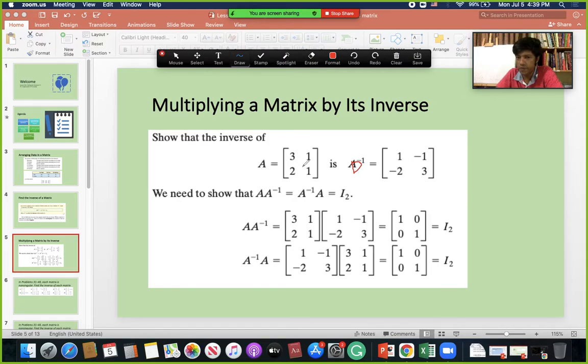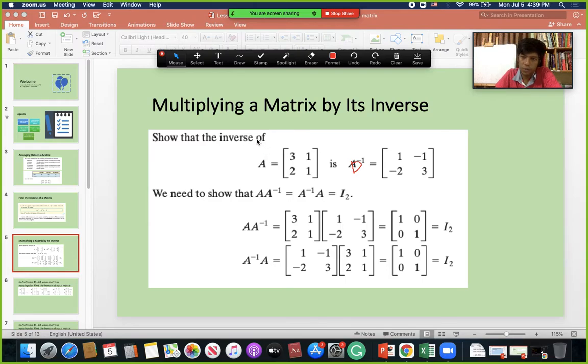How can you prove that these two matrices are inverse of each other? The rule is, you multiply them: first AD, then DA. In both cases, the answer will be the identity matrix. Then we can confirm that these two matrices are inverse of each other. This way we can prove.